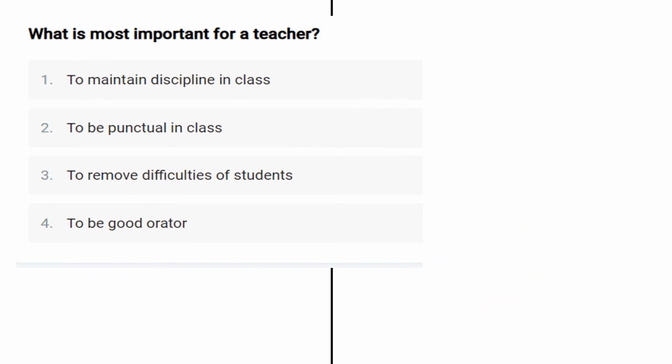So the most important thing for a teacher is to remove the difficulty of the students. That means the correct answer is option number 3.